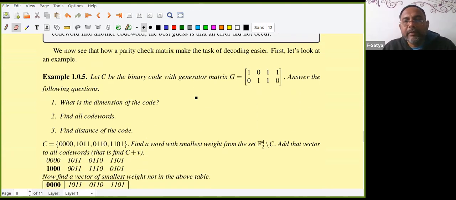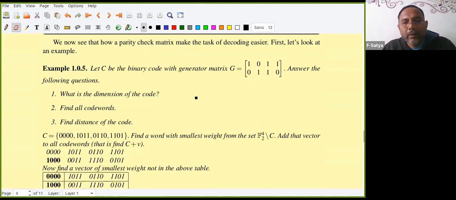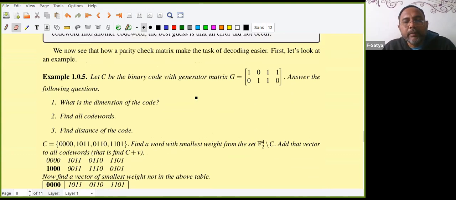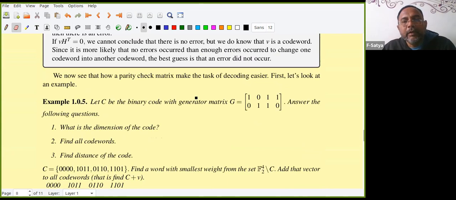So first look at an example. This is a binary code, okay. What is the dimension of the code? What is n here? What is k here?